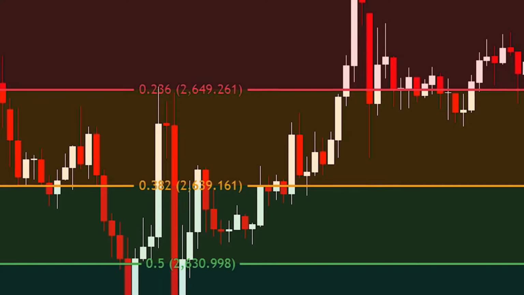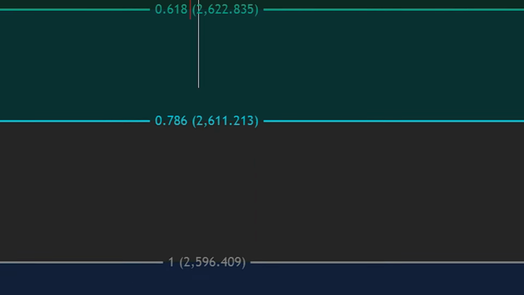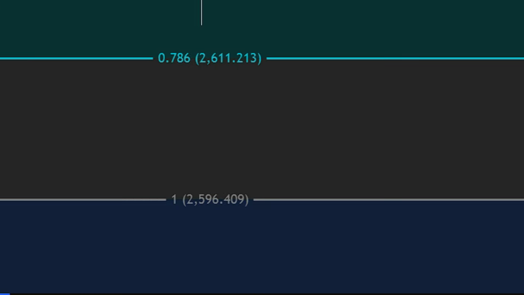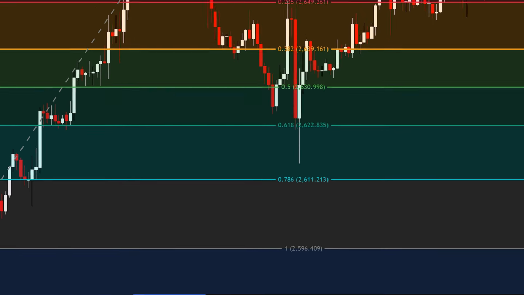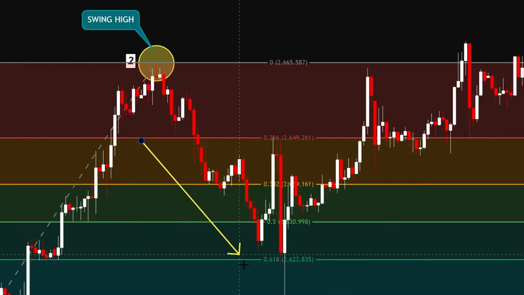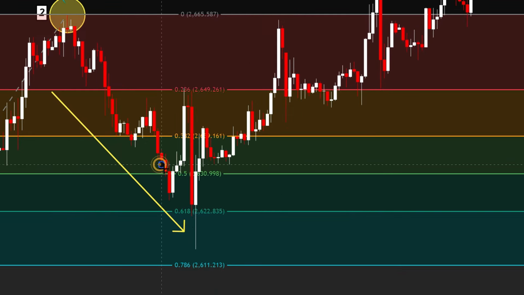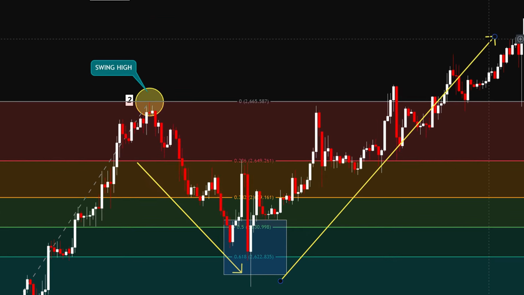Now you'll see a few key levels: 38.2, 50, 61.8, and 78.6. Those are your retracement zones, the areas where price often takes a breather before continuing the main move. Check this out. Price pulls back to this Fibonacci level, then pushes up again. That's market symmetry. It's a structure, not luck.